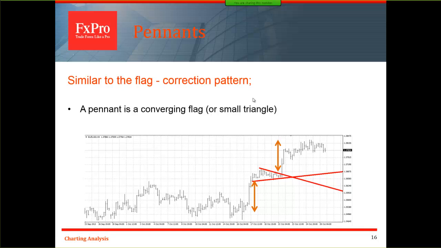Triangles usually take weeks, months to develop. So it's not something that you'd see in a very short time frame. But pennants are more shorter term, and they can actually develop within just 2 to 4 weeks or so. So that's your primary difference.